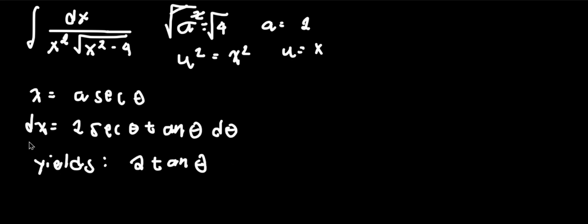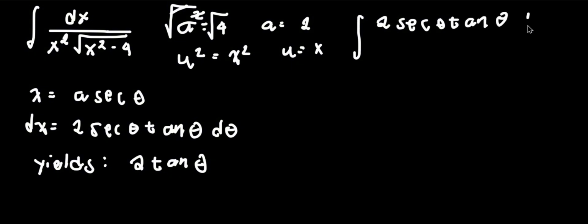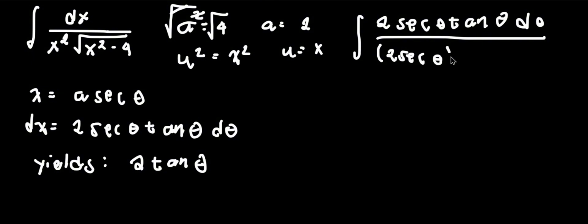So substitute natin tong dx and yung mga value from the original equation. So here, the integral of dx. So dx natin is 2 secant theta tangent theta d theta all over x squared. So basically our x here is a secant theta. Since our a is 2, this would be 2 secant theta, but it is raised to 2 since x squared.